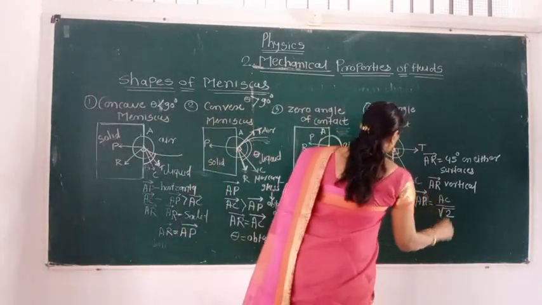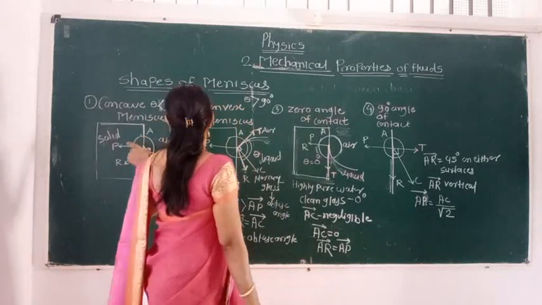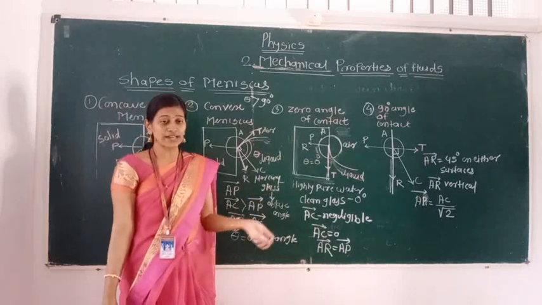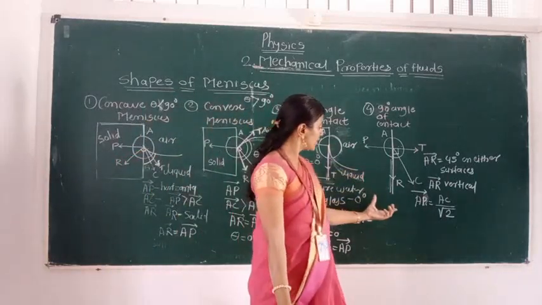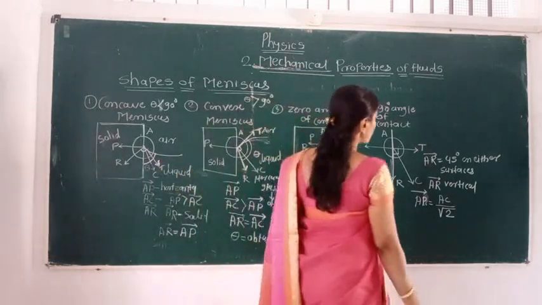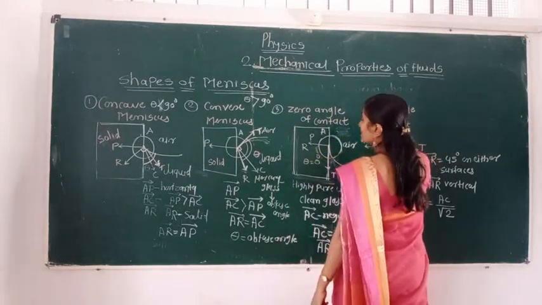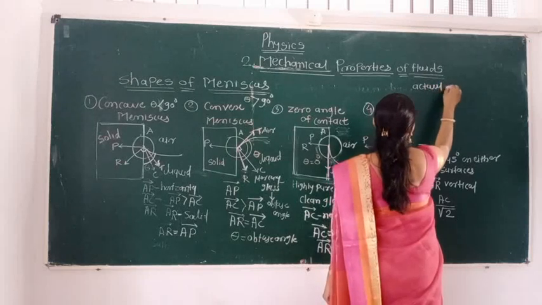So these are the four shapes of meniscus. In that we discussed the concave meniscus, convex meniscus, zero angle of contact, and the last one is the 90 degree angle of contact. Now from that equation we have to see the two conditions for concavity and convexity, otherwise we can say the conditions for acute angle and obtuse angle.